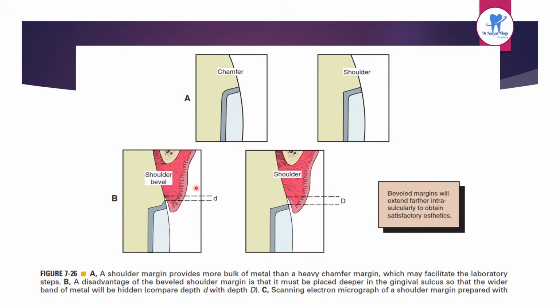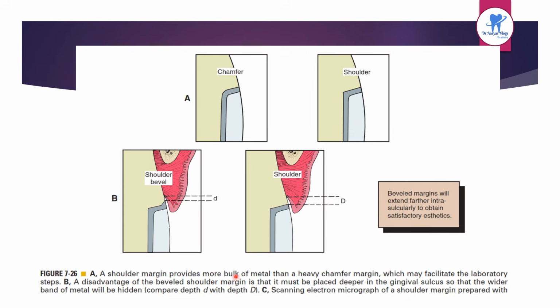Here it is the shoulder bevel. The beveled margins will extend further intracrevicularly to obtain satisfactory aesthetics. So this picture shows the beveled shoulder margin. It must be placed deeper in the gingival sulcus so that the wider band of the metal will be hidden.